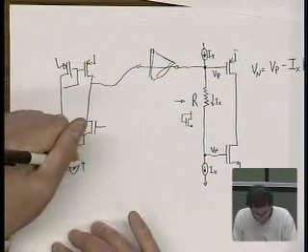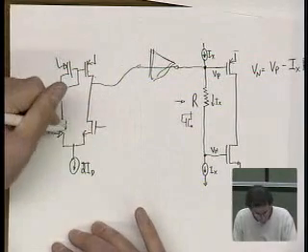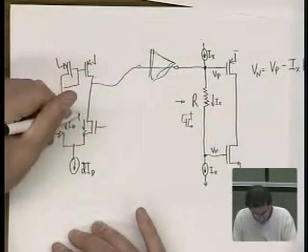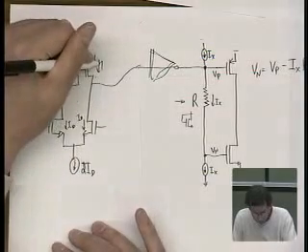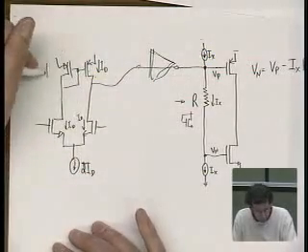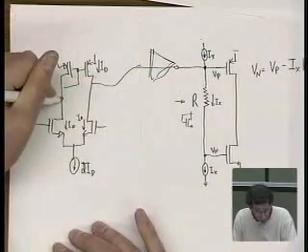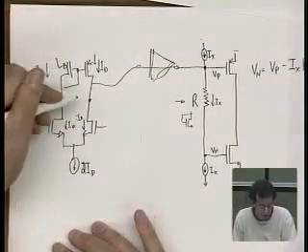So this is 2ID, this is ID, and this is ID. This device is ID, as is this. And we know that with zero differential drive, these two nodes are equal in voltage.